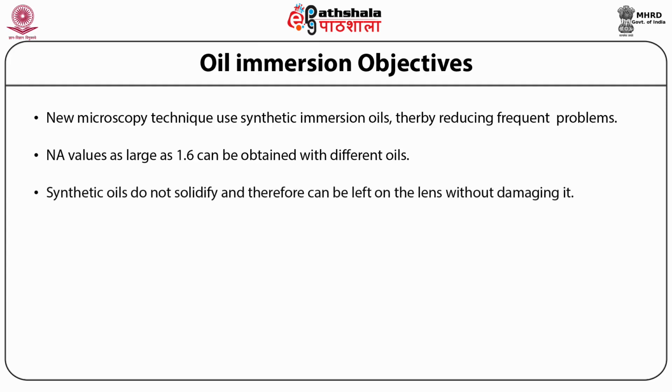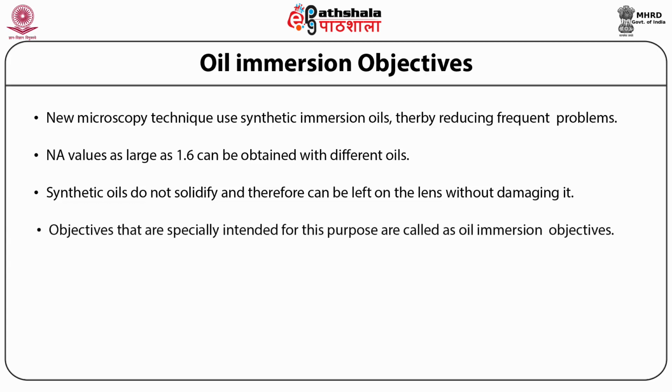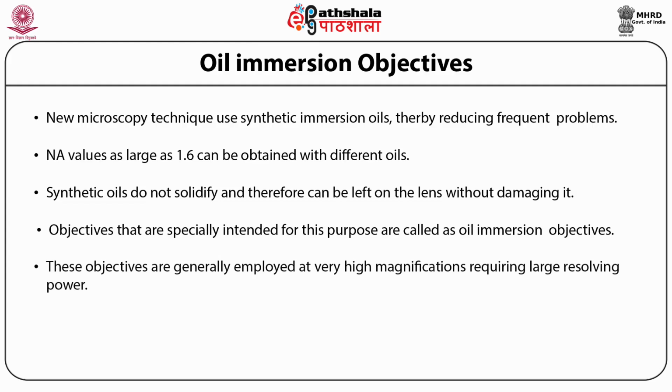Synthetic oils do not solidify and therefore can be left on the lens without damaging it. Objectives specially intended for this purpose are called oil immersion objectives. These objectives are generally employed at very high magnifications requiring large resolving power.